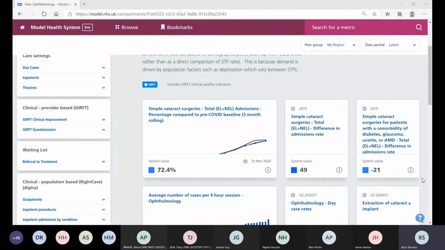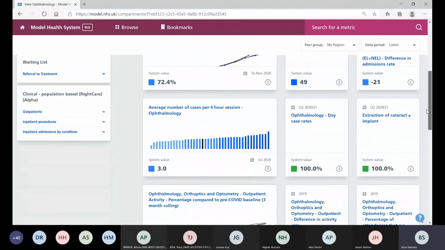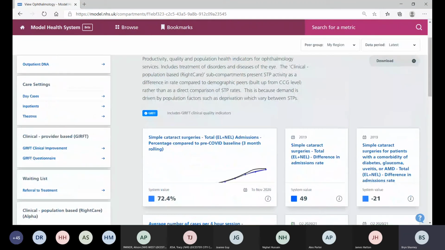And then within the specific compartments, in terms of a one-page view, we've got this headline indicator set of tiles, which hopefully presents the key information. But as I mentioned earlier, we're also planning to move towards more of a pathway view. So we'll be introducing a new set of subcompartments to cover those pathways.